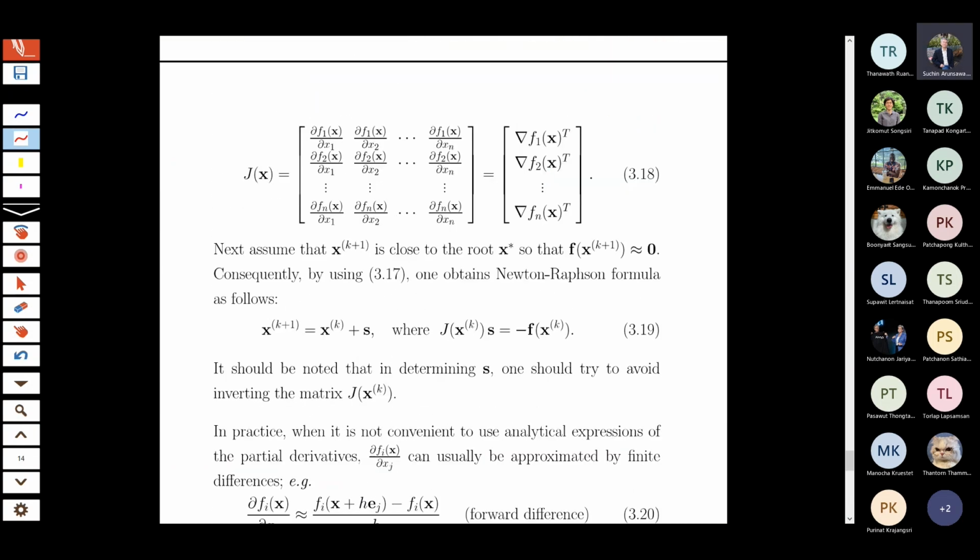Then we assume further that xk plus 1 is close enough to the root x star so that F(xk plus 1) is approximately equal to 0.